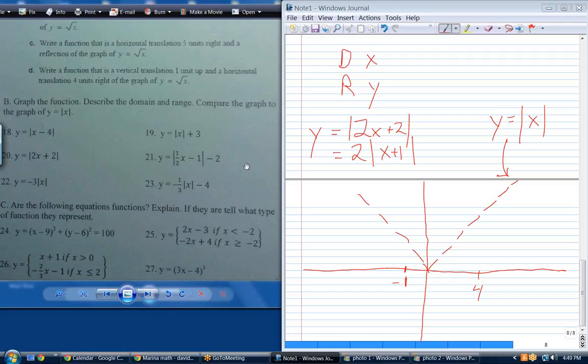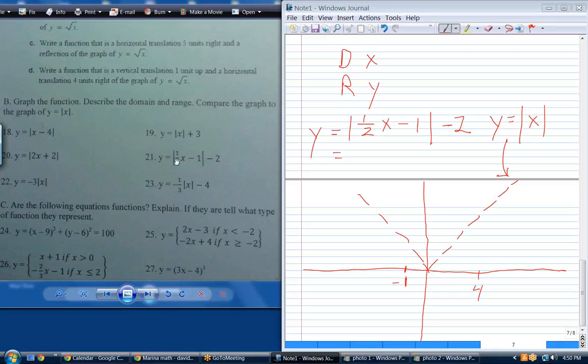All right, let's look at the next one. Now, remember what we did on the last problem, Problem 20? We need to do something similar here.